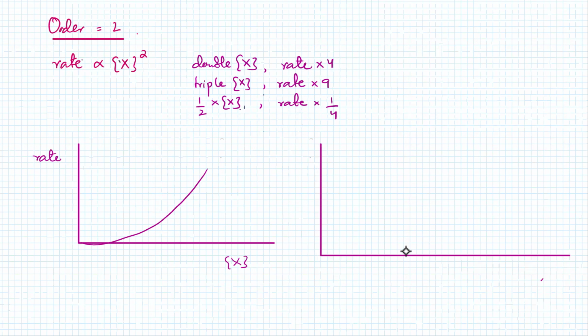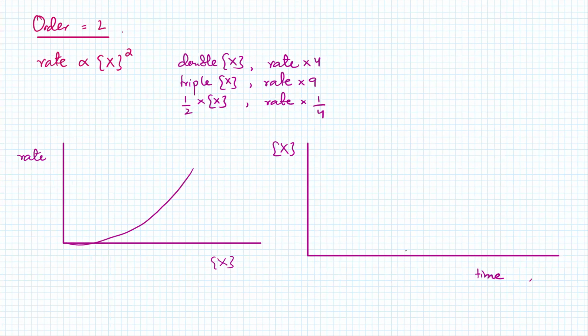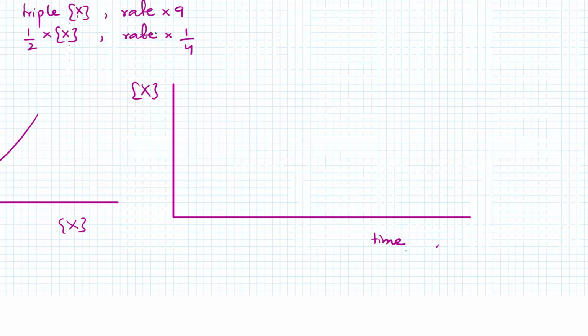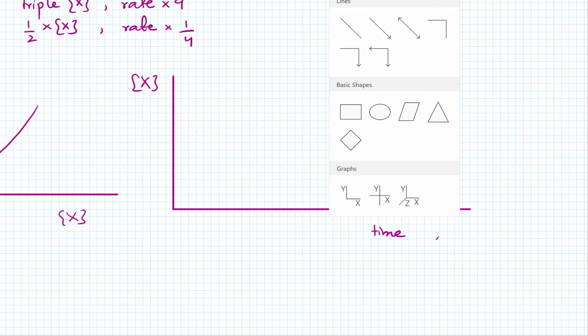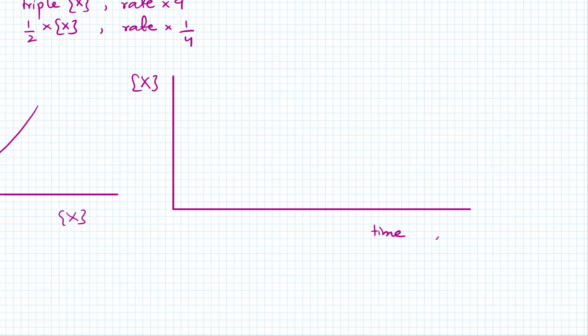Remember, as X gets used up with respect to time, as the reaction proceeds and X starts getting used up, now the rate will slow down a lot more. So, for example, you're starting at this point. This is your starting point, and the first half-life is somewhere over here. This is the time that's required. So initially the reaction is very fast.